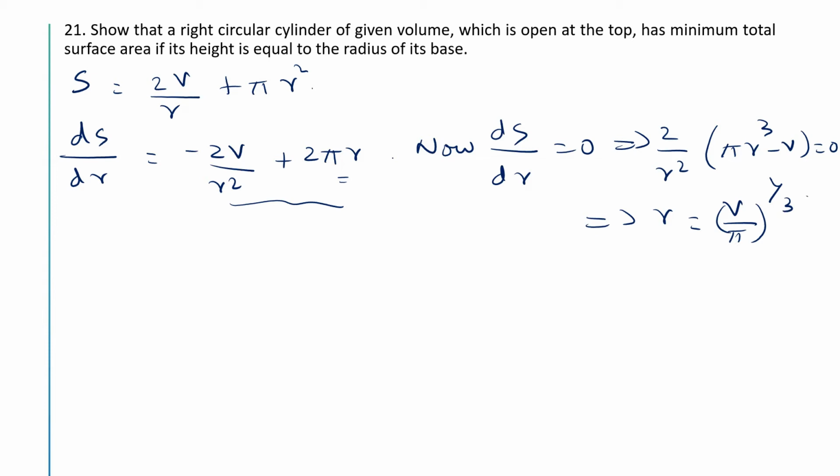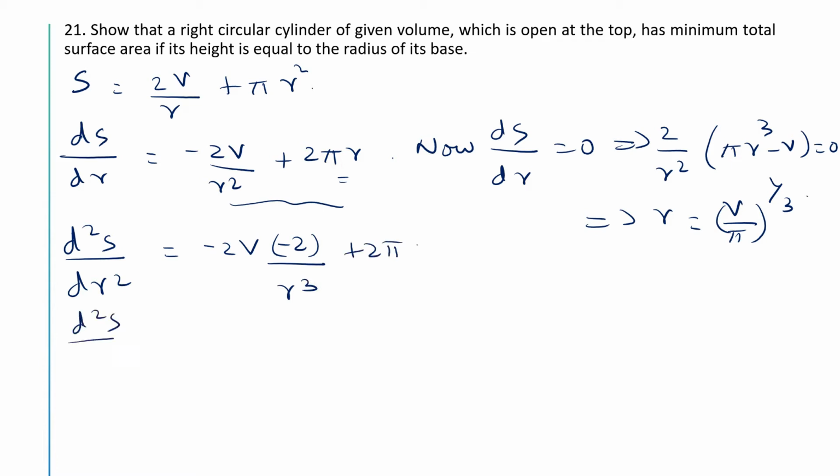Now let us find d square S by dR square. d square S by dR square is minus 2V into minus 2 by R cube plus 2 pi.